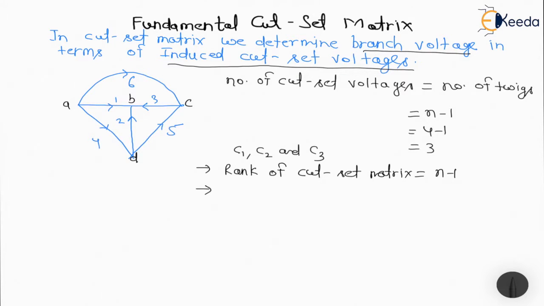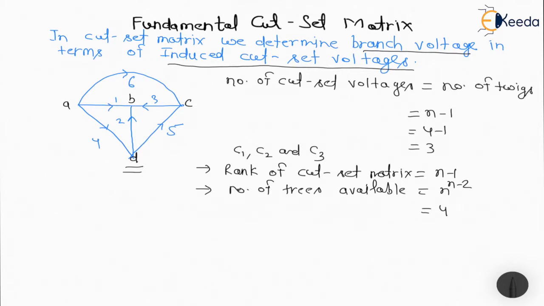And one more thing: how many fundamental cut set matrices can we write with the help of this graph? This is a complete graph. For a complete graph, we know that the number of trees available will be equal to n to the power n minus 2. So the number of trees available means the number of fundamental cut set matrices.